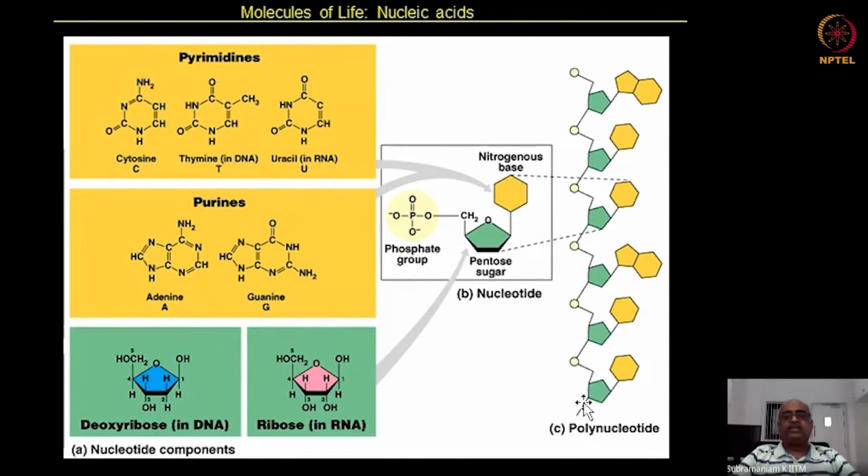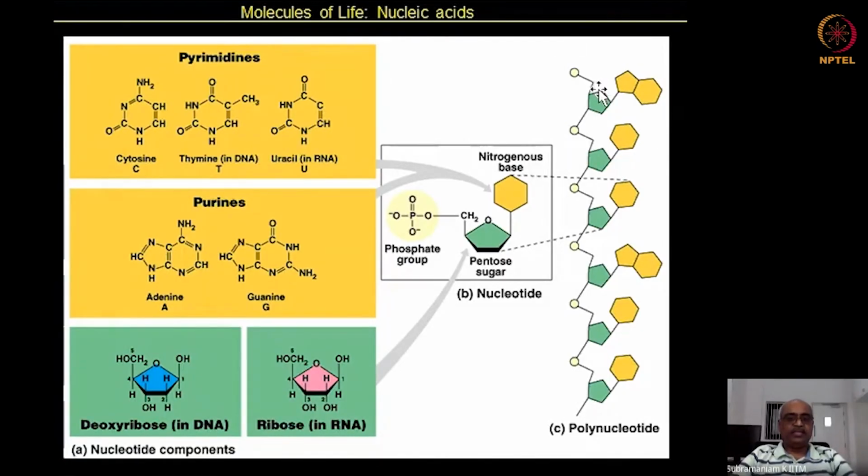That means it is not attached to any more nucleotide towards the bottom of this slide. So this 3' hydroxyl group would be free. It is not esterified with any other phosphate. So this end will have a free hydroxyl group at the 3' carbon.